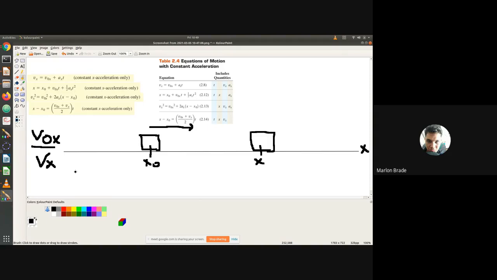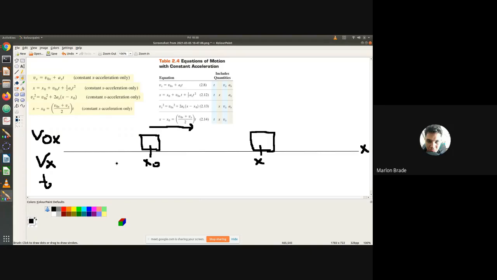The t is the time it takes for the particle to move from point x naught to the point x. And the acceleration ax is the acceleration of the particle.